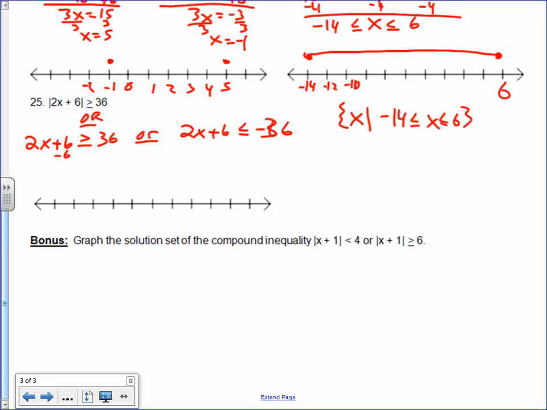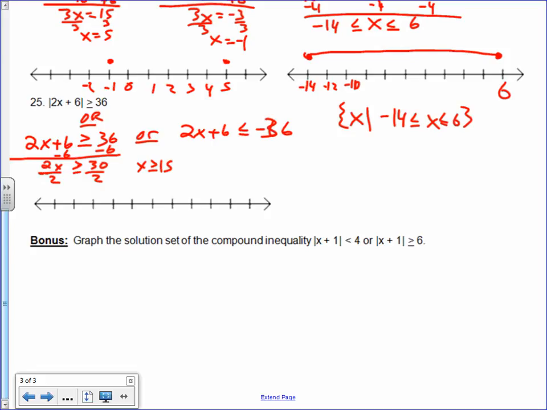So minus 6 for 2x is greater than or equal to 30. X is greater than or equal to, we'll divide by 2. You end up with x is greater than or equal to 15.